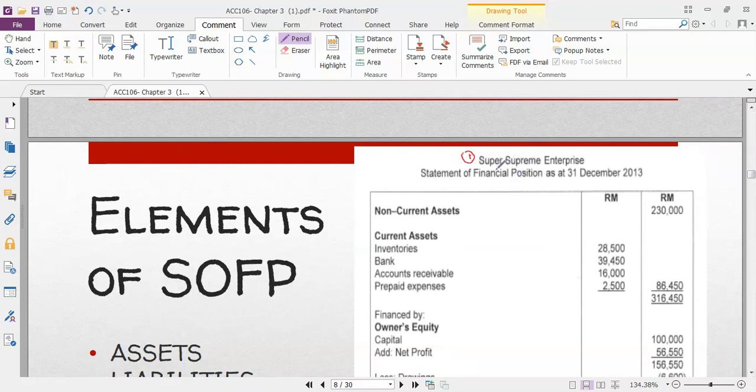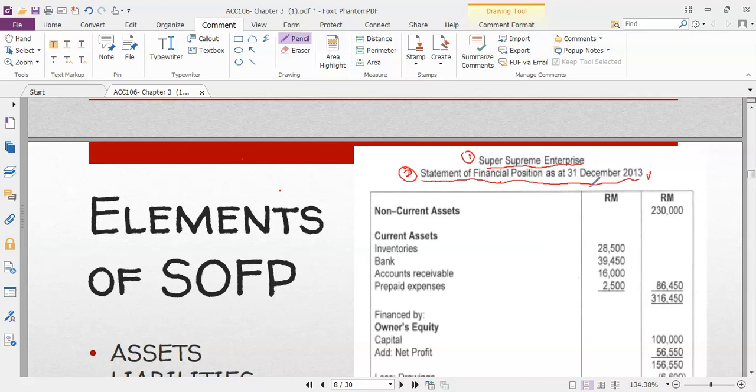Okay, and then apa yang kena ada dekat title tu? Nama business, the name of the business. Okay, on the second paragraph, dia ada nama Statement of Financial Position as at 31st December 2013.